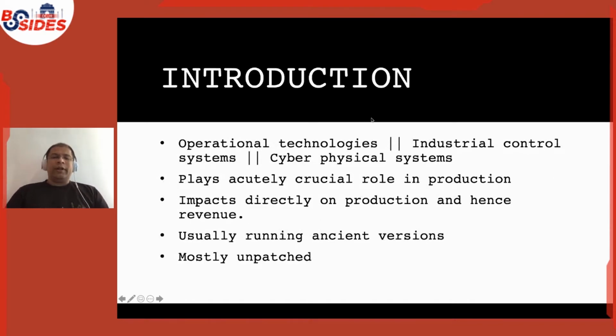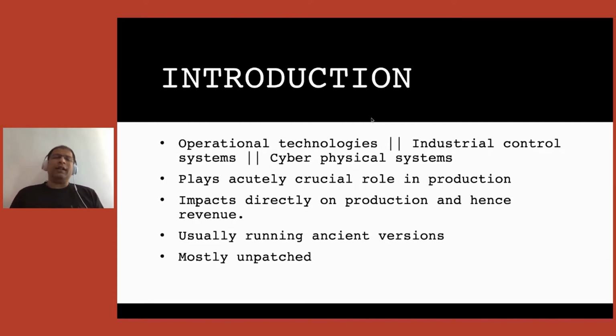So, introduction. What exactly is operational technology? It's another name for industrial control systems or cyber physical systems. OT in our context is that particular software automation which is deployed between the real production physical machines and other IT systems of any company.